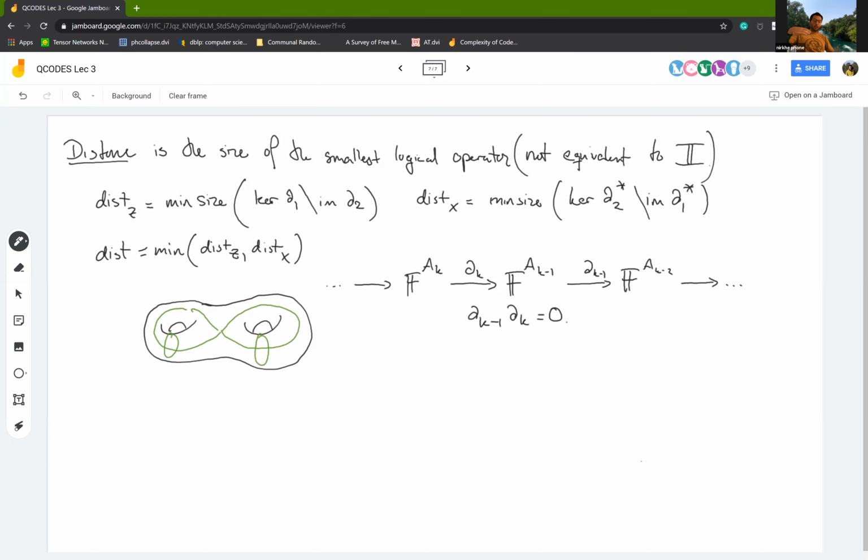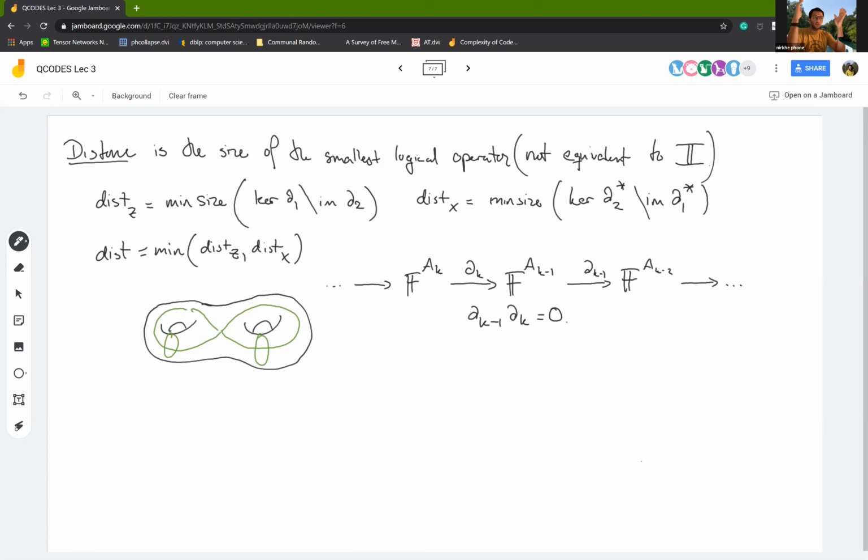So this would be like looking at higher homology groups of an object. Instead of looking at just faces, edges, and vertices, I might now look at volumes, faces, edges, and see if I can construct anything better. And you can look at higher and higher homologies. In fact, there was a recent paper on what if I did this with the Boolean hypercube.